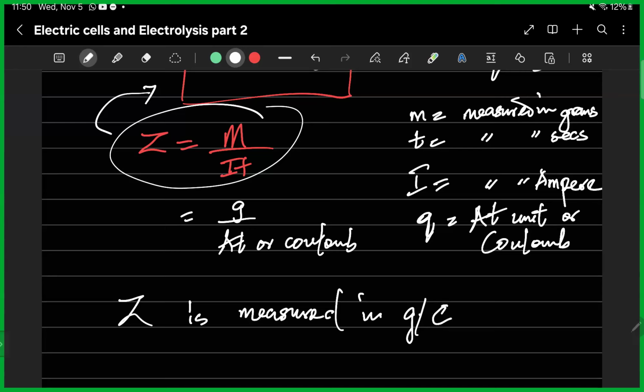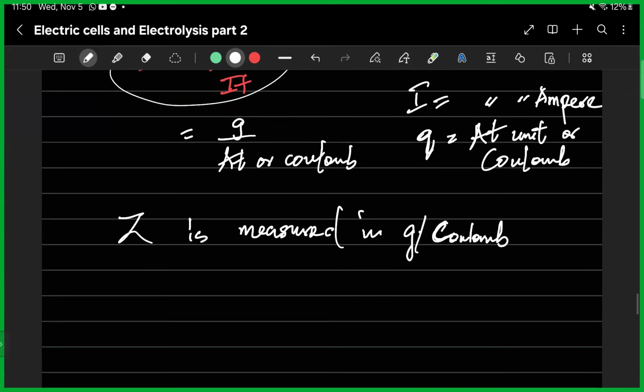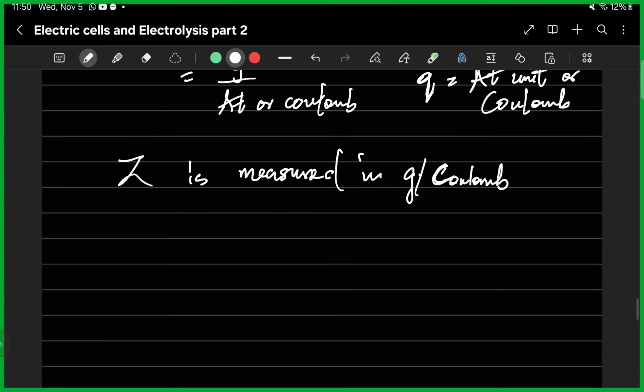So keep that in mind. That's just the unit, and this is not the first time we're doing something with respect to unit. Let's quickly talk about some important examples.